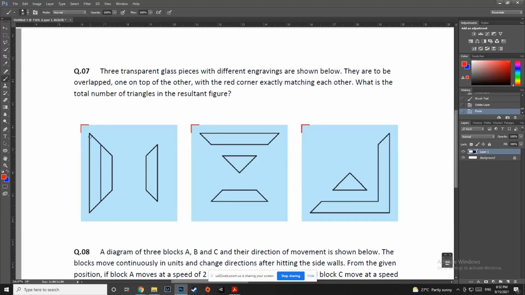On each glass with a pen, somebody has made these, right? Now they are asking if you overlap these 3, with the red corner exactly matching each other. So here's the red corner. If you exactly match them, what is the total number of triangles in the resultant figure? So now this is the question of counting shapes.